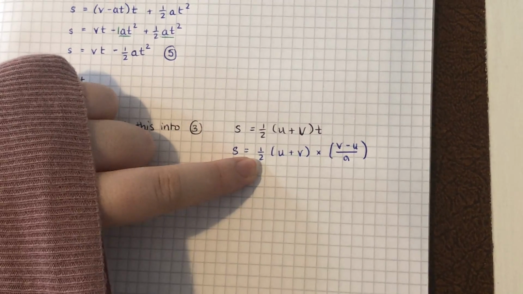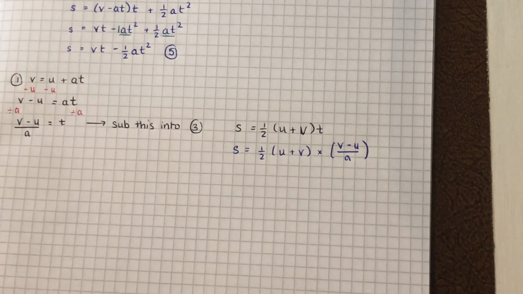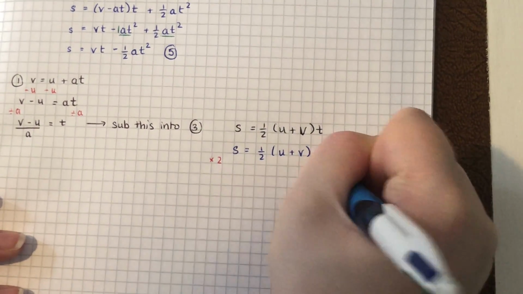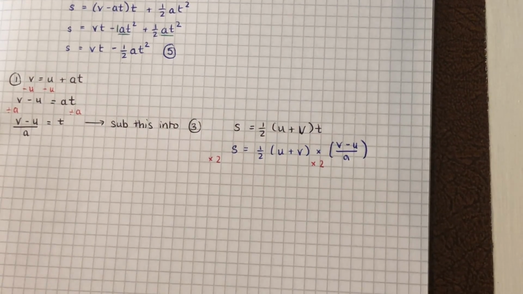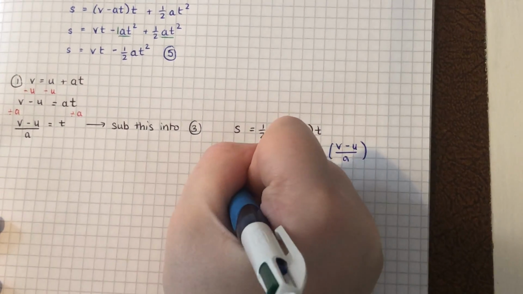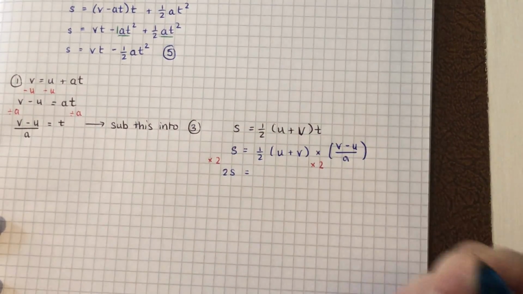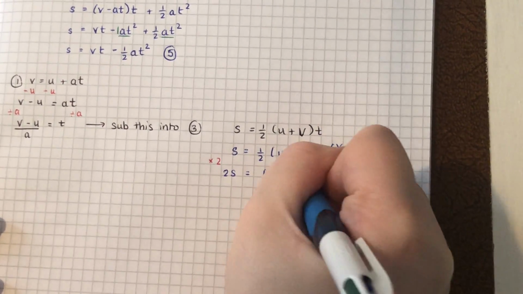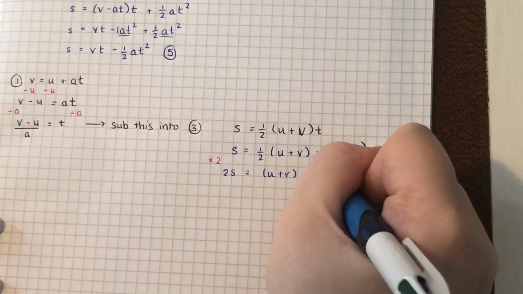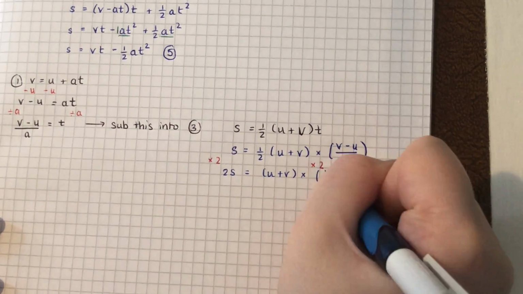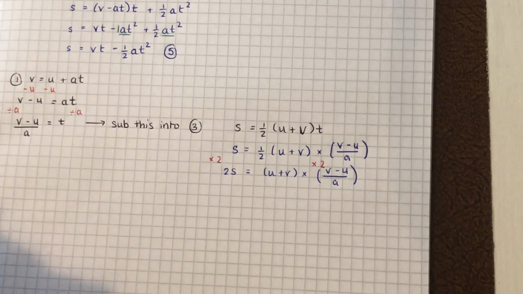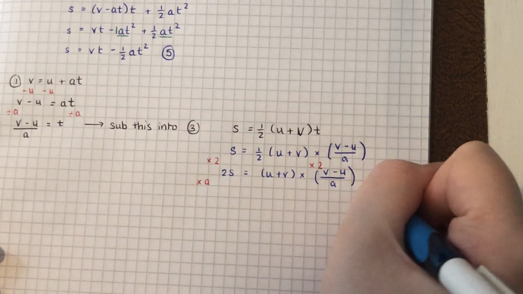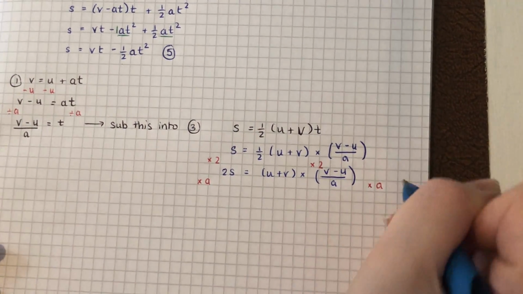I'm going to simplify it one bit at a time. I'm going to start with multiplying both sides by 2, because that will remove the half. By doing that, I'm going to have 2s on the left, and then u plus v times v minus u over a. Then I'm going to multiply both sides by a, because we've got to divide by a in that bracket.